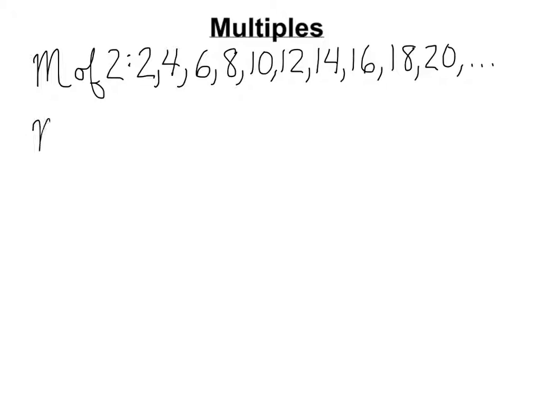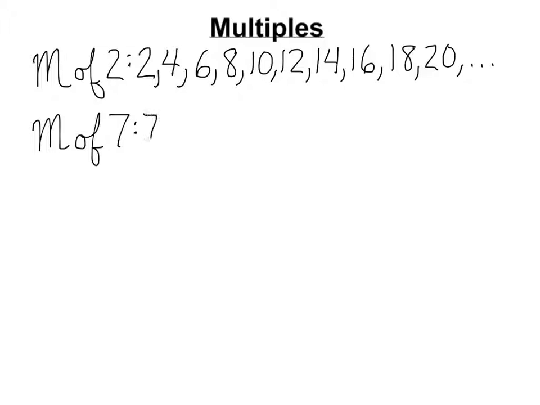Let's also find the multiples of 7. Well, if we count by sevens, we can find them, or we can think of 7 times each of the counting numbers.